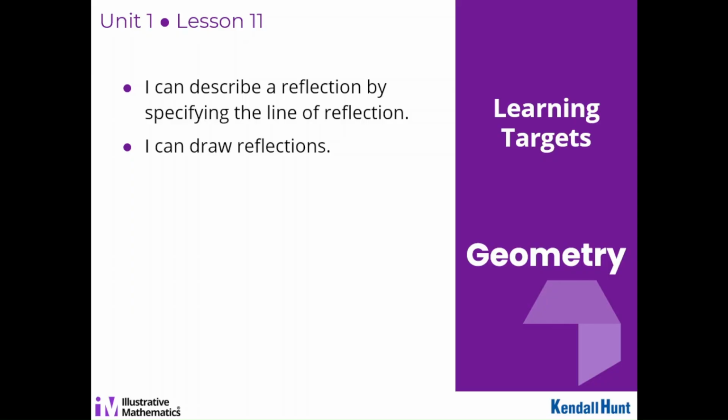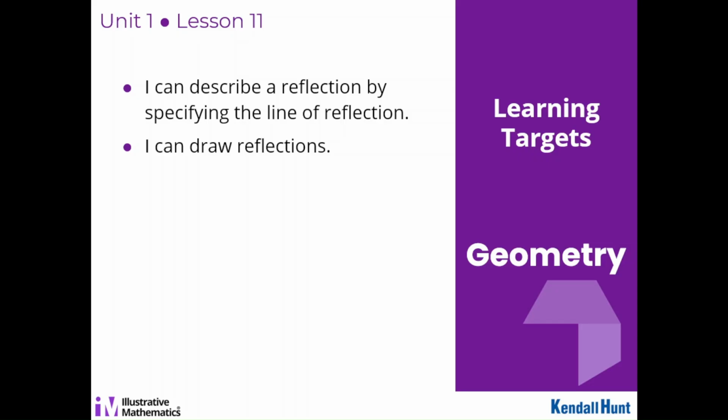Did it reflect from the left side of the y-axis to the right side? Did it reflect from the top side of the x-axis to the bottom side? Did we create a random line and then reflect the shape over that line? The first thing we've got to do is specify that line that we're going to reflect it over.